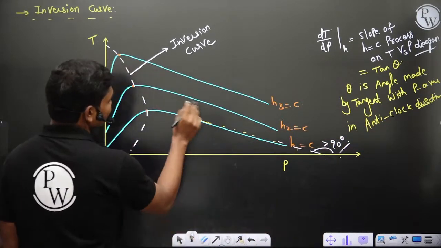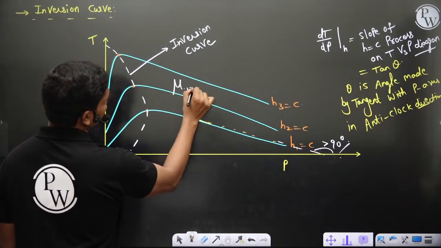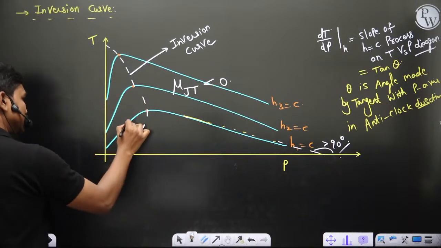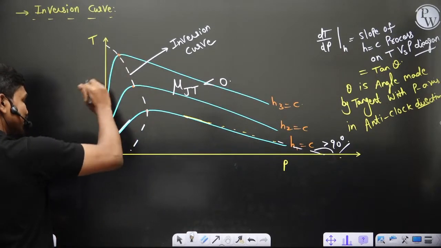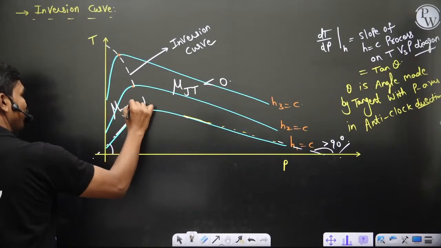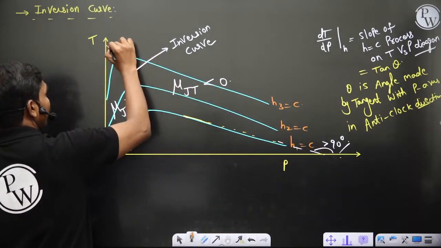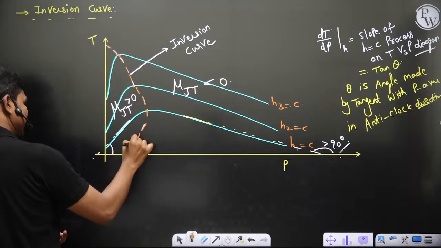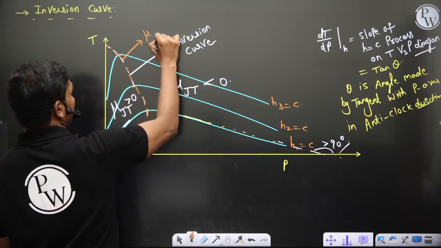So clearly this has a negative slope, which means in this complete region mu JT is negative. And here if you take a tangent, it will make an angle less than 90, so inside this curve mu JT is positive. Exactly on this line, which acts as the transition from negative to positive, mu JT is equal to 0.